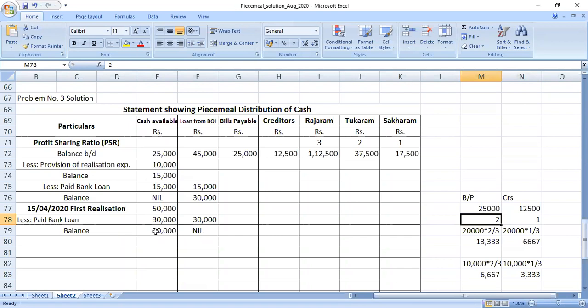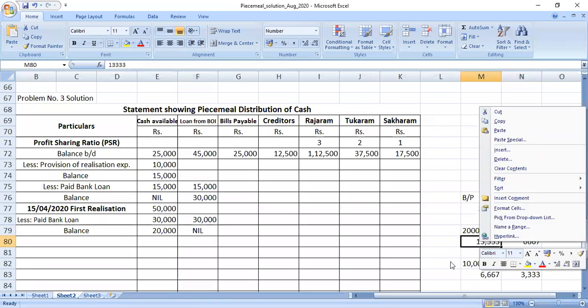Now we have a balance of 20,000. This 20,000 we will distribute among the bills payable and creditors. 20,000 into 2 divided by 3, where 3 is the total of the ratio and 2 is the ratio of bills payable. For the creditors ratio, 20,000 into 1 divided by 3.